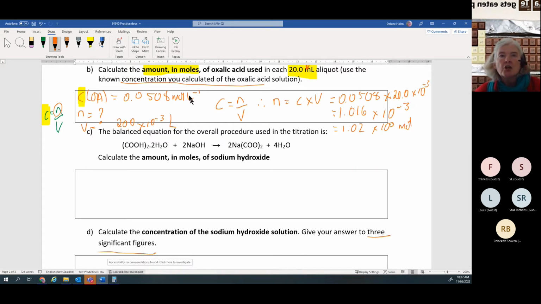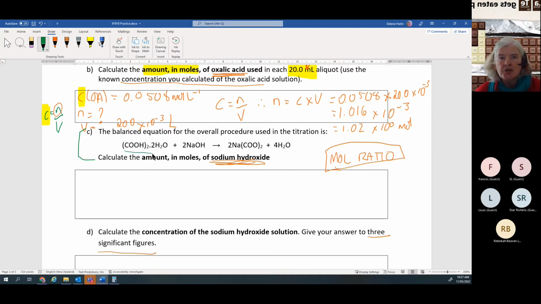So now we've calculated the amount of moles for oxalic acid, but now we have to do sodium hydroxide. So in order to do that, we use the mole ratio. Where do I find the mole ratio in this question that I've been given here? So in here is the clue to the mole ratio, where I try to swap from one substance to the other.